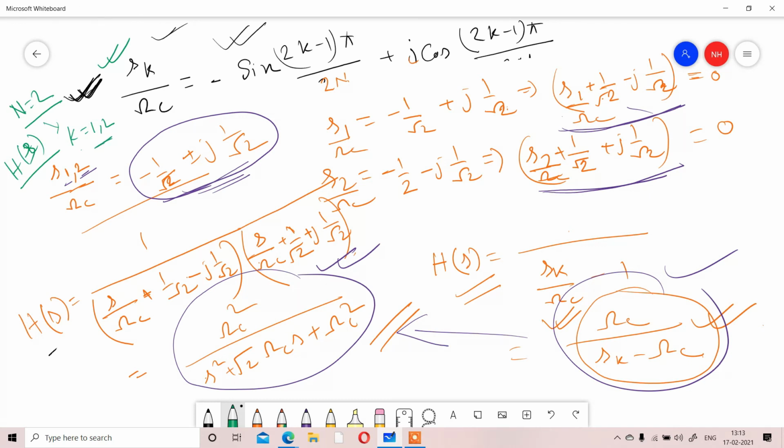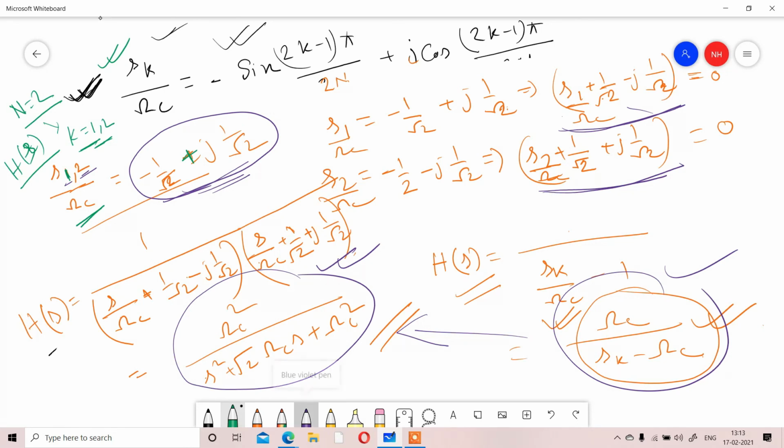If we replace k equal to 1, you will get s1 by omega c equal to minus 1 by root 2 plus j 1 by root 2.